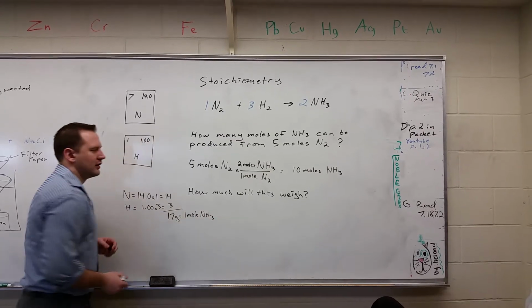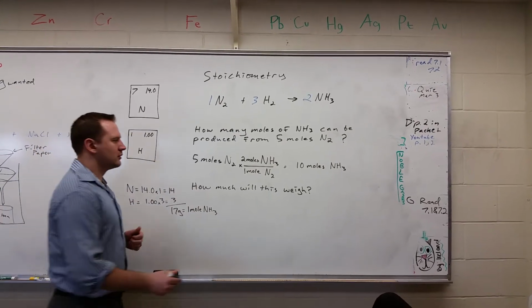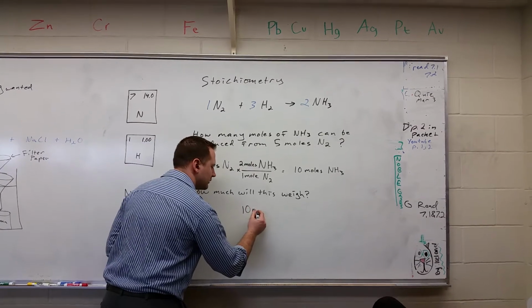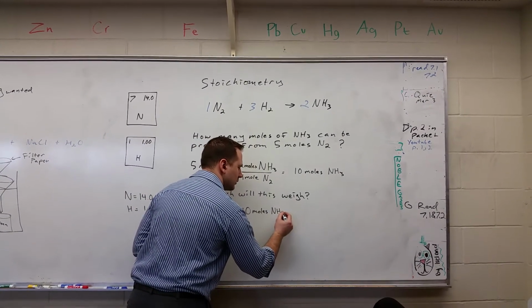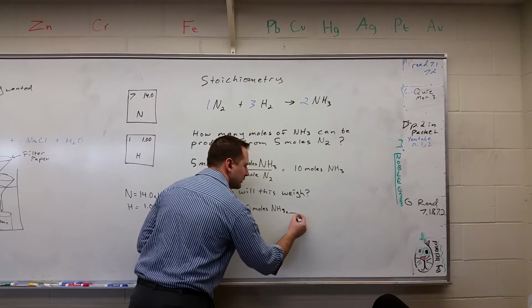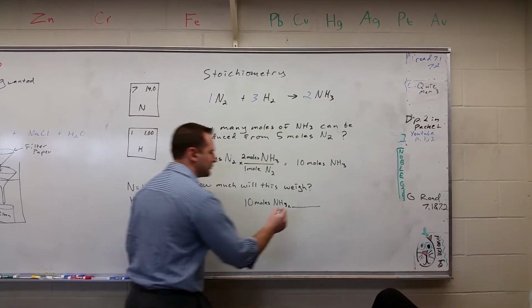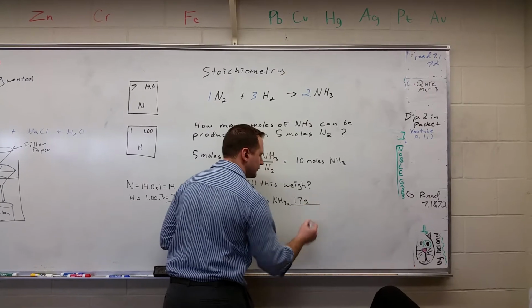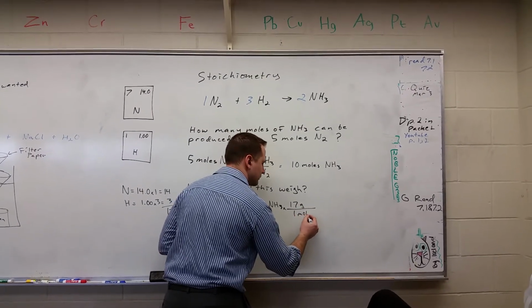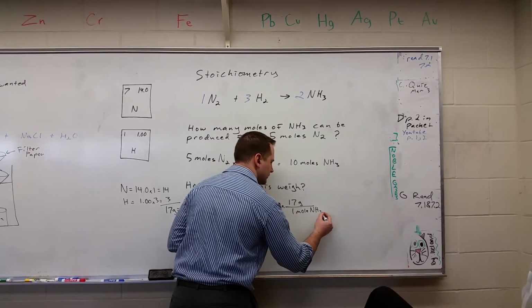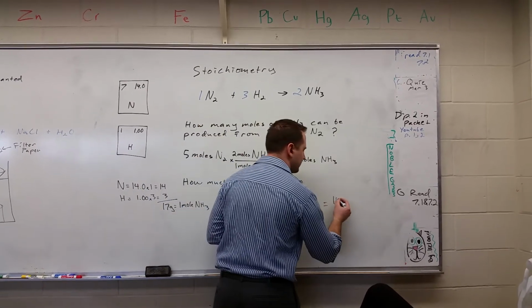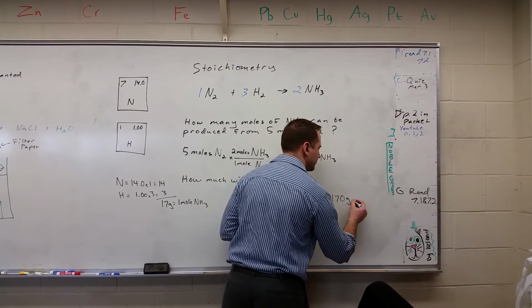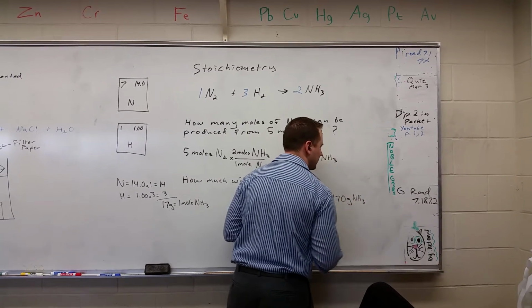So when asking how much this would weigh, we would say 10 moles of ammonia. We would multiply that by the 17 grams per mole. And this would be 170 grams, which is a tangible amount.